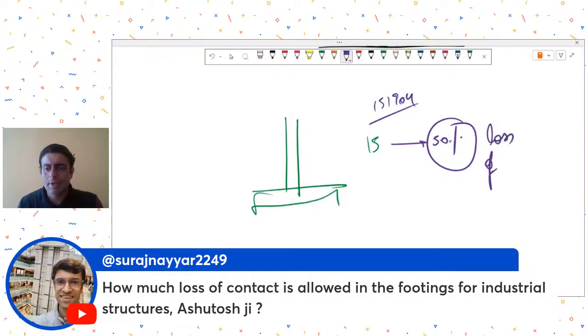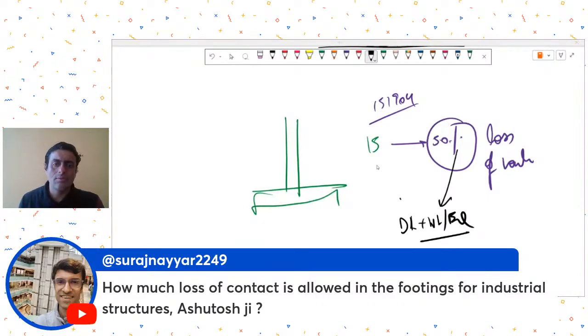But remember that if you are allowing 50% loss of contact, it should be only for cases where, let's say, wind or EQ loads are involved. So these are those load combinations where wind and EQ are there. That means they are probabilistic loads not acting for a very long time. So maybe for these load combinations you may allow up to 50%.